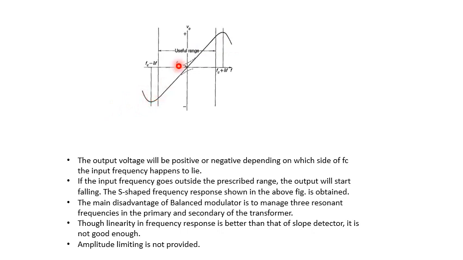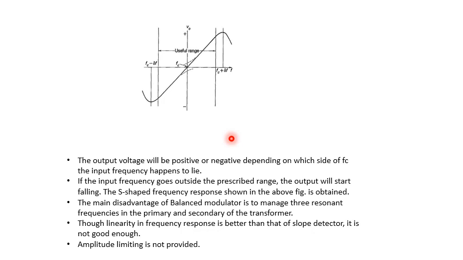This kind of frequency response of the balanced slope detector is known as S-shaped frequency response, and this is the prime requirement for the output response of a balanced slope detector. This kind of frequency response will be required in all the FM demodulator circuits, which we will study in later stages.